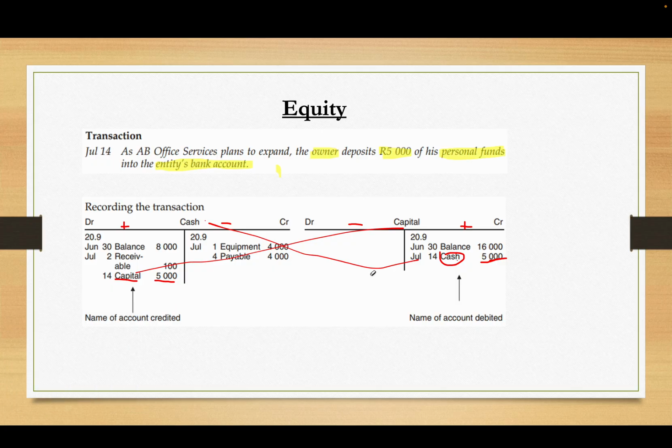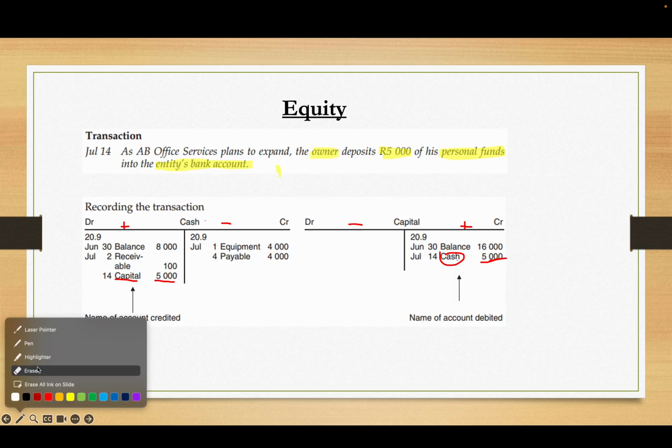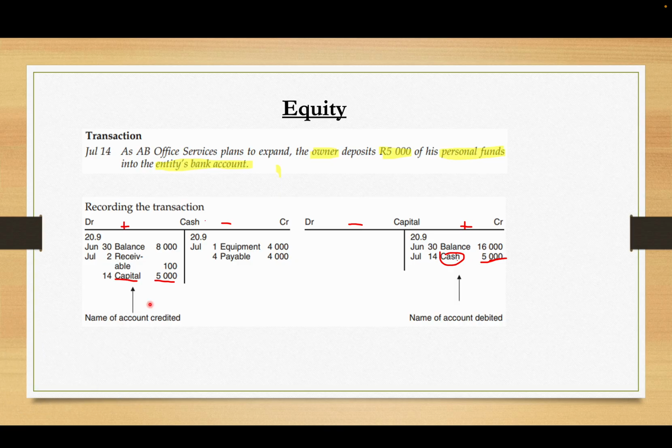So this is equity. Remember, equity is income, expenses, and capital. Capital is very easy to spot, guys.